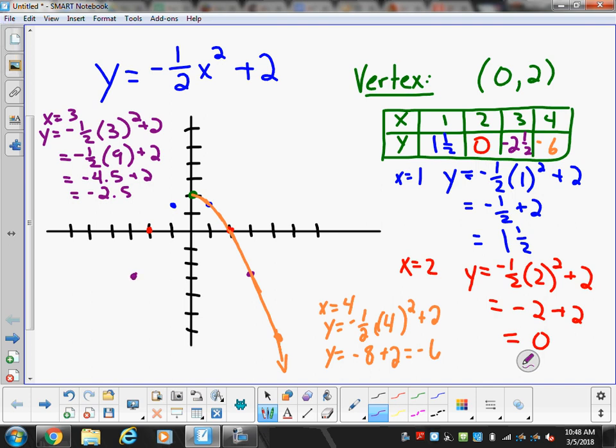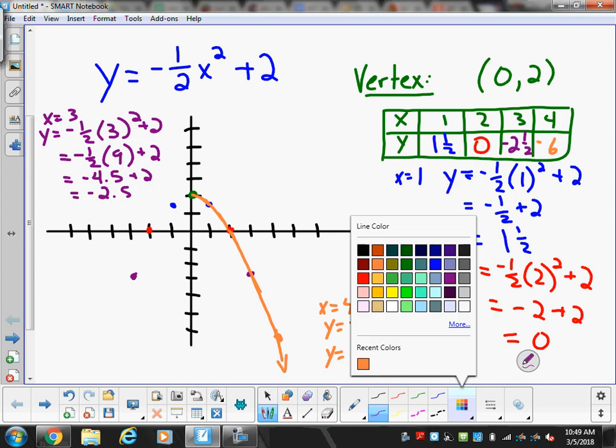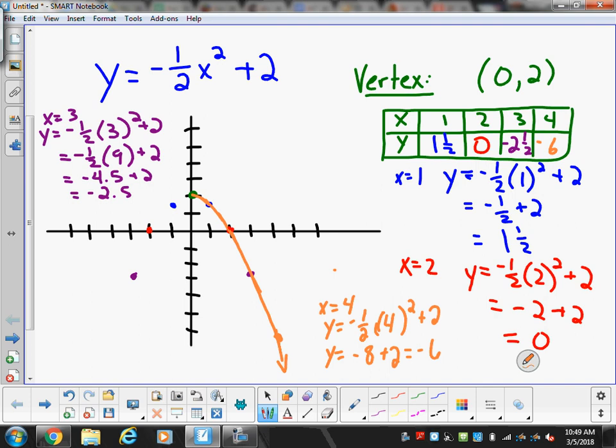Looking at the side, those may not be in the exact right spot, so I apologize for that. And then this last one was at 4, negative 6, so negative 4, negative 6. And so the other side of the shape should look something like that.